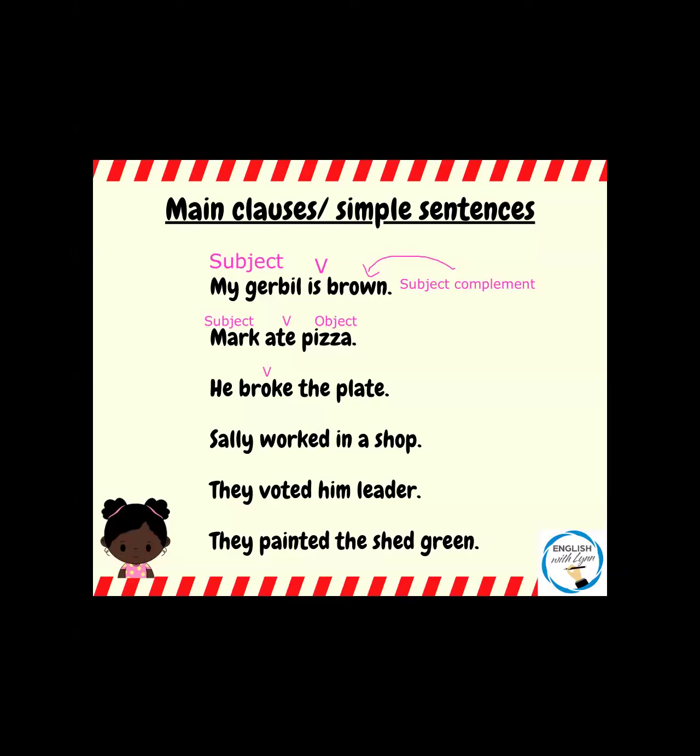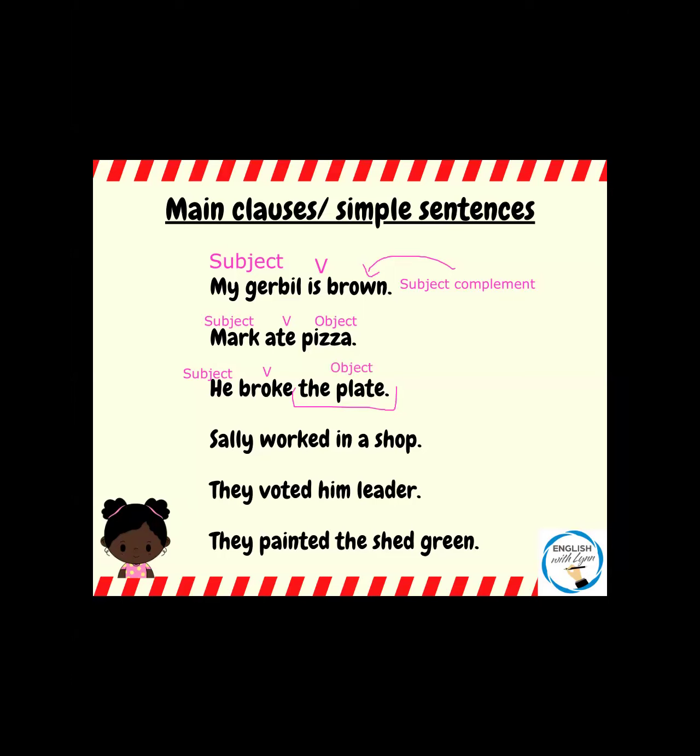So although I don't know the name, he is the subject of my sentence. And then this bit here, my noun phrase, the plate, that is what has been broken. So that is the object in my sentence.